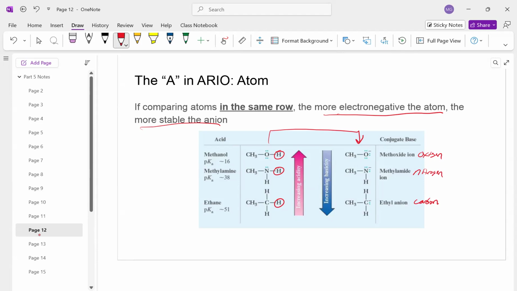Now, since those are in the same row, they're both in the second row, oxygen is more electronegative. And so notice how its pKa is lower than the other two compounds, indicating it's a stronger acid. Because once the hydrogen leaves, having the negative charge on an oxygen is more stable than having it on nitrogen or carbon.